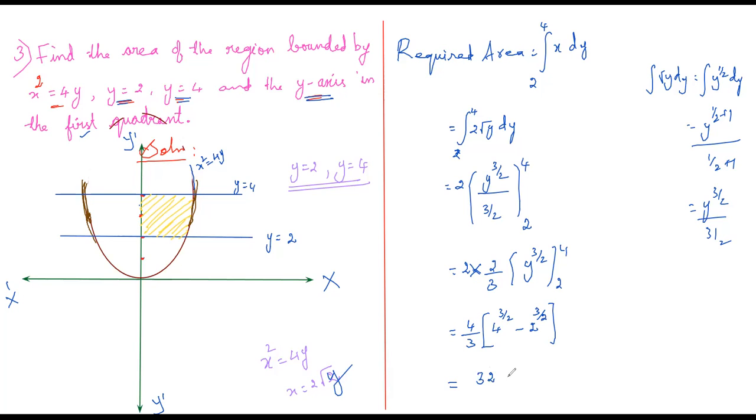So the final answer is 32 minus 8 root 2 by 3 square units. The next one is also of the same type, where a parabolic curve is given and the limits change. So you can try it by yourself. Try quiz number 4 by yourself, and then come to the video to check it out.